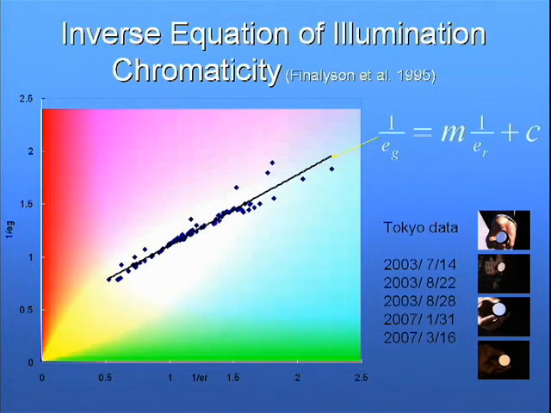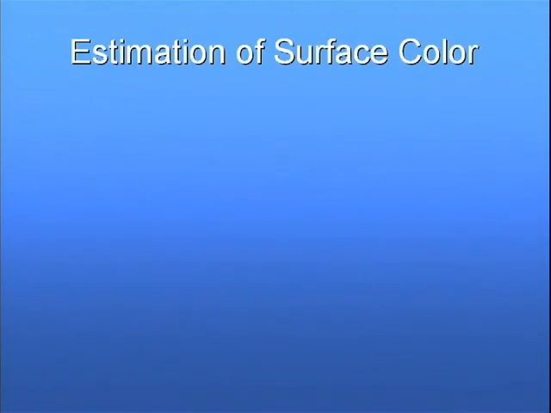In order to verify this theory, we also took this kind of Tokyo data. And the blue data here was obtained in our institute. And yes, they exist on this particular straight line. Now, by combining this Planck locus and the previous equation, we can do a little bit better job.